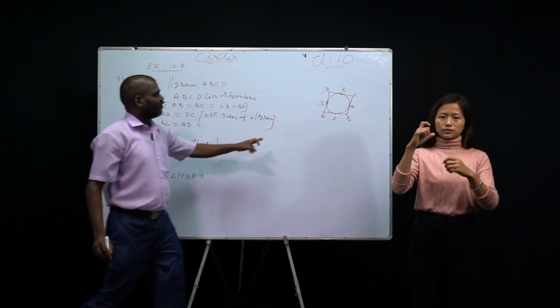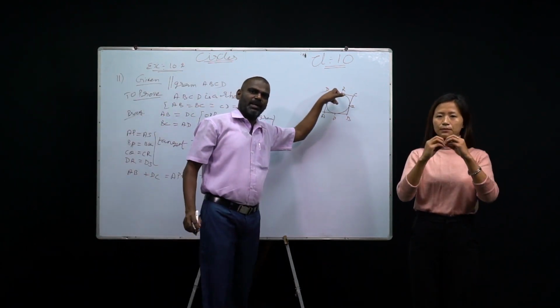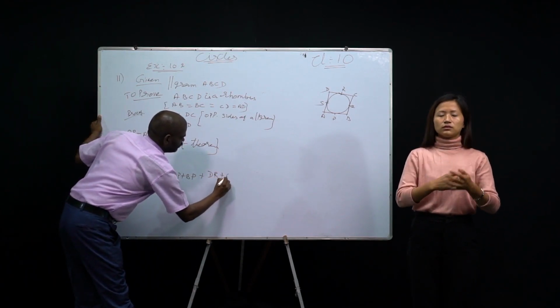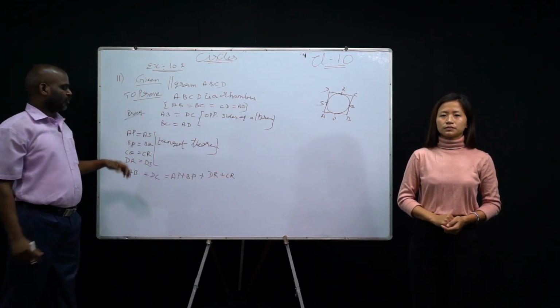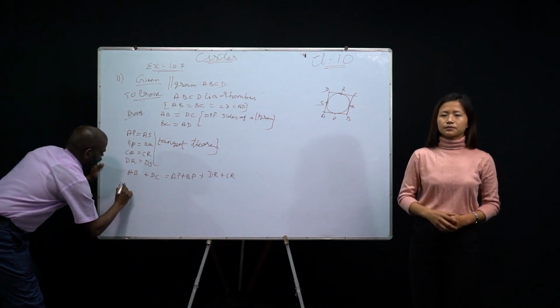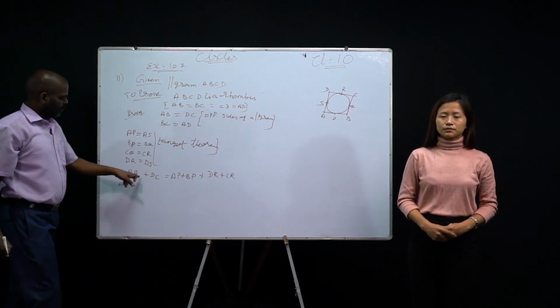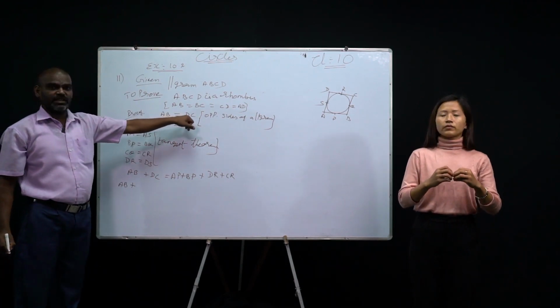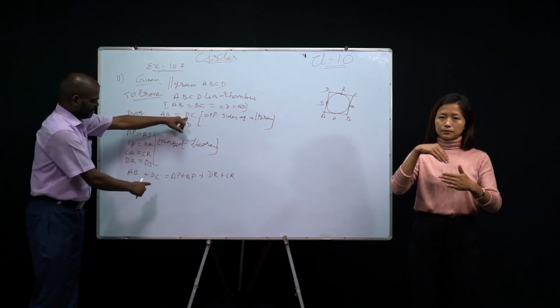Next DC. What is DC? DR plus CR. Now, AB plus DC. AB equal to DC, right? AB equal to DC, yes or no? So in place of DC, what can you write?